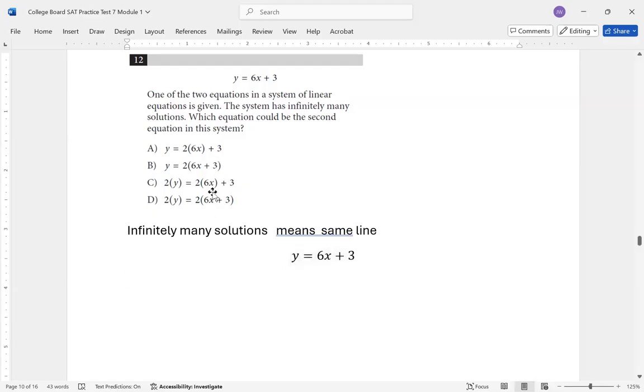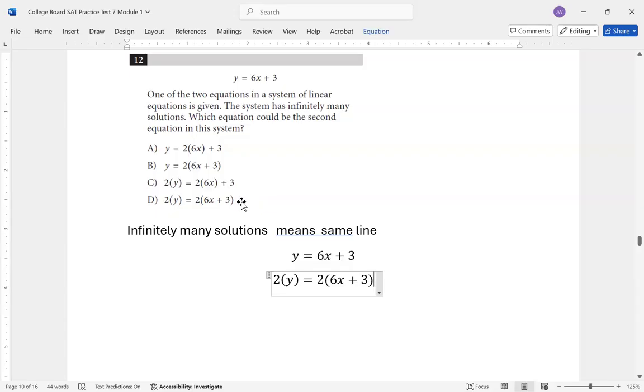And if you look at the options here, the only one where we're doing something to both sides evenly is option D. In D, we've multiplied the left-hand side by 2 and also multiplied the right-hand side by 2. Therefore, option D is the correct answer.